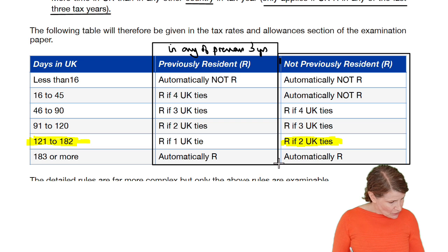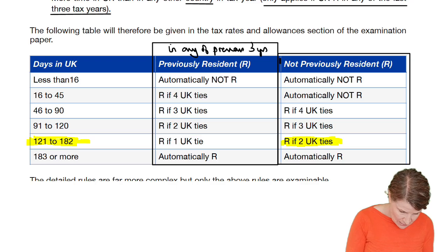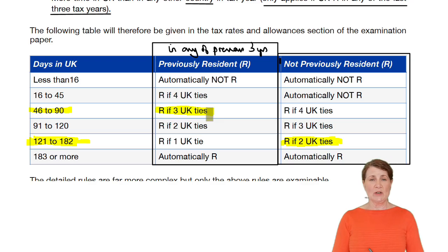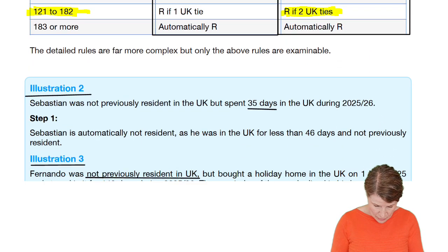He spends how many days in the UK? 50 days. So we've got between 46 and 90 days. And that means that he will be treated as resident in the UK if he's got 3 ties to the UK in 2025-26. So how many ties has he got?